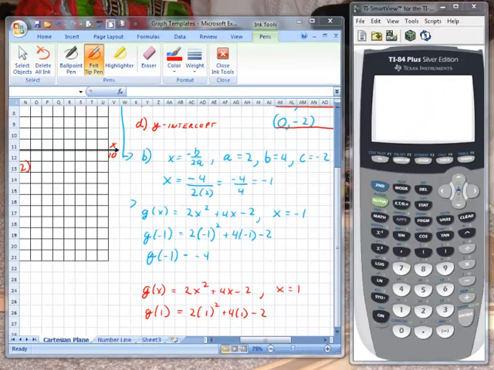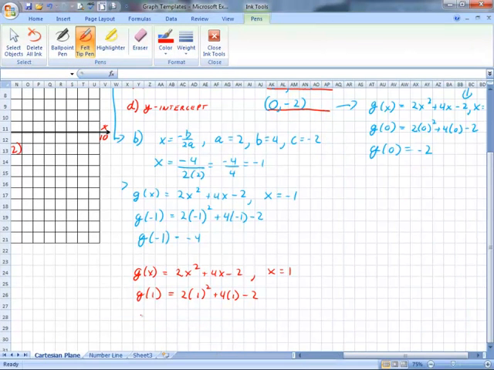So I've got 2 times 1 squared plus 4 times 1, minus 2, and I end up with 4. So now I know that when I plug in 1 at g, I get out a 4. So I've got a point at 1, 4.